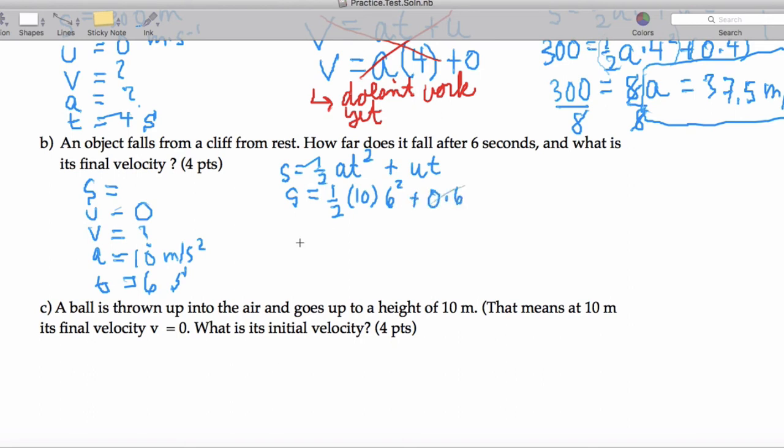That'll just be 0. So when we simplify this in our calculator, I believe that's going to be 180. Sorry. So this is 180 meters. Now let's get its final velocity. Let's try v equals at plus u. So that's v equals 10 times 6 plus 0. So v ends up being 60 meters per second.